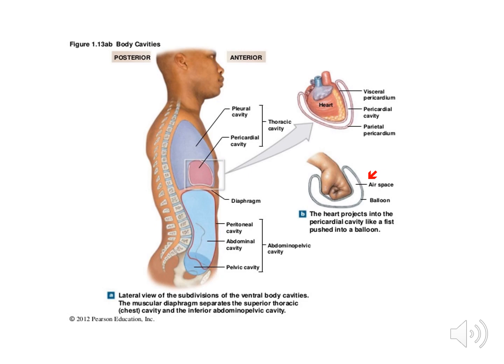Not a lot, maybe 30 to 50 milliliters, which is like 2 or 3 tablespoons of fluid. So it's not a lot, but it's enough to provide some lubrication so that there's no friction when those two layers rub against each other. You have to have one of these double-layered membranes with a small amount of serous fluid in between the layers whenever you have an internal organ that moves.